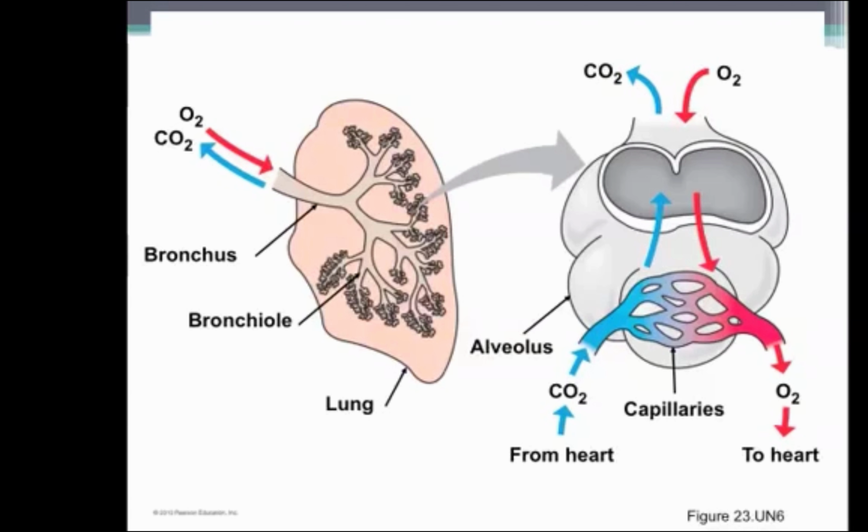And you can see the blue transport from the heart because it's bringing the deoxygenated blood to the capillaries that surround the alveolus, and in turn the CO2 is diffusing out into the alveolus, and the O2 is diffusing into the capillary so that it's brought back to the left side of the heart and then taken to the systemic circulation around the body.